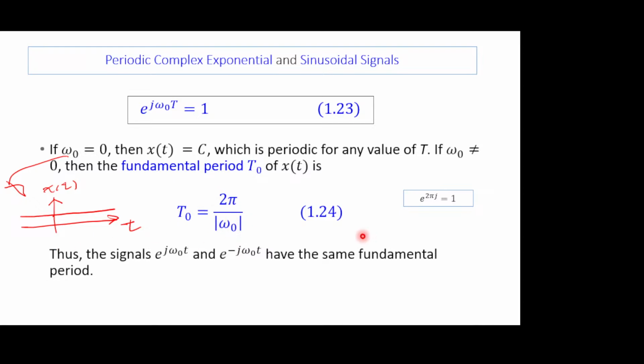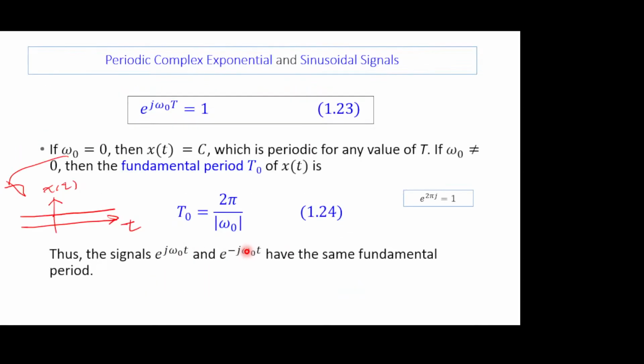Okay. And just as we said, we have an absolute value here. So e to the plus j omega naught t and e to the minus j omega naught t have the same fundamental period. Because when we calculate the fundamental period, it's always a positive value, and we don't care about omega naught being positive or negative.